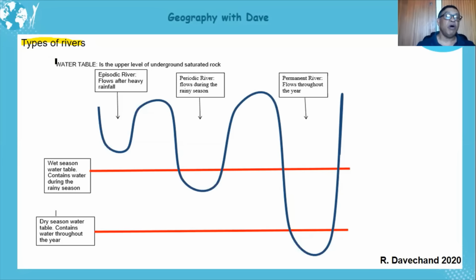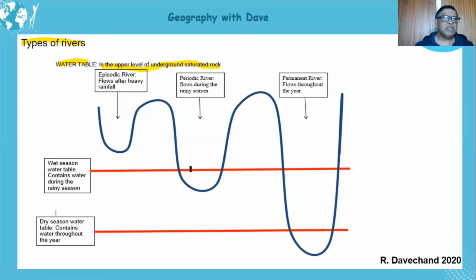The water table is the upper level of the underground saturated rock, the upper levels where the water has reached. You understand? Obviously, it's going to be lower during the drier seasons, higher during the wet seasons. So we have to differentiate this. It does vary over the times of drought, etc., but we're looking at it generally.